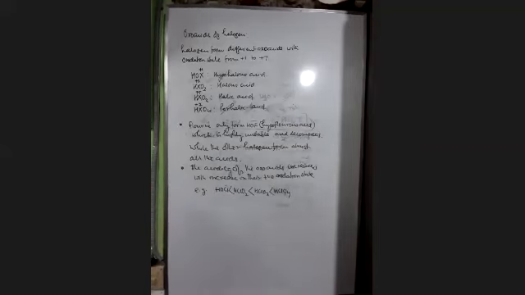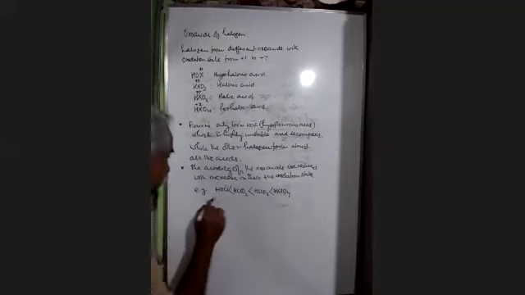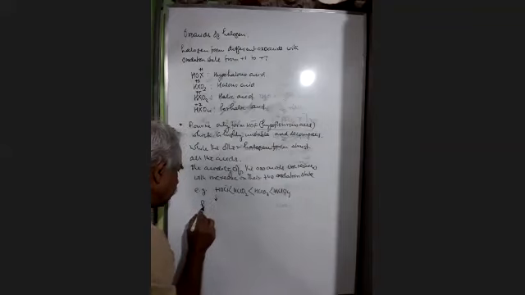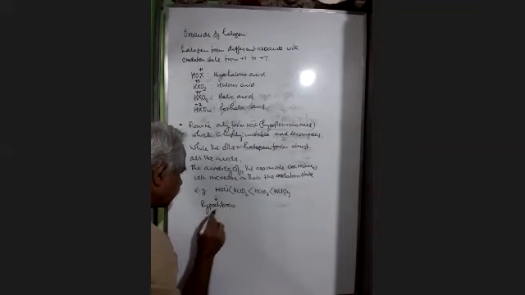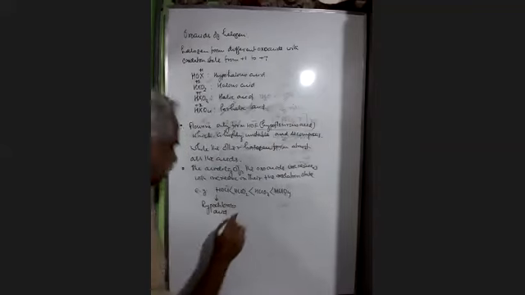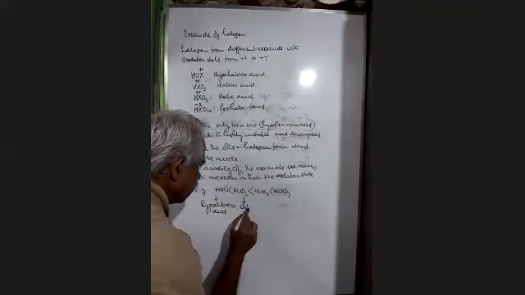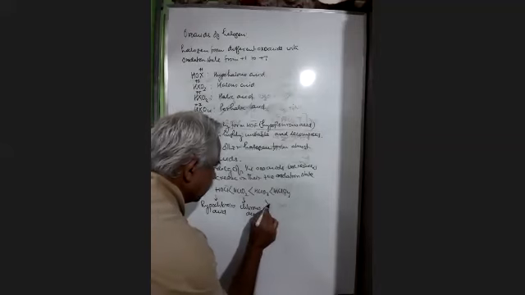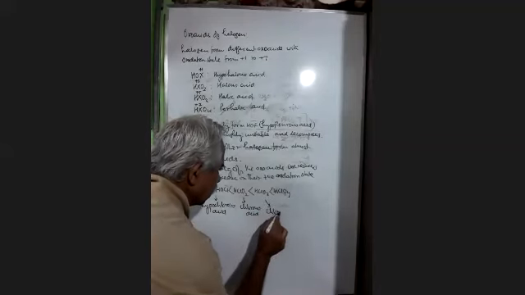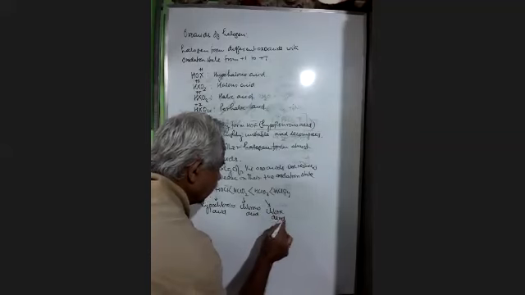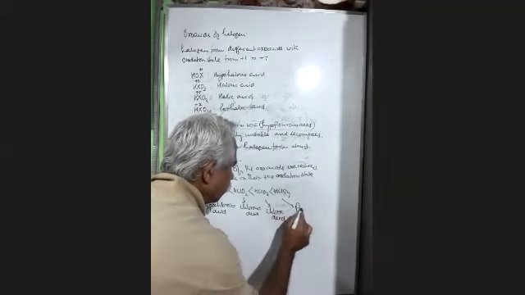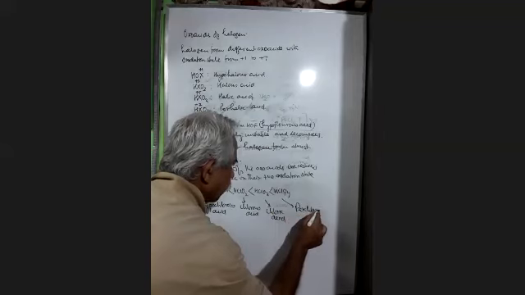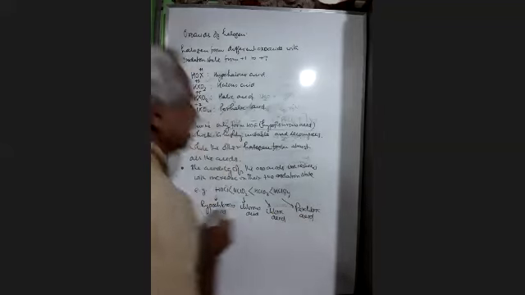Okay, I'll write down. Today I'll have to finish early because I have one more meeting. So what is this? Hypochlorous acid. This is chlorous acid. This is chloric acid, and this is perchloric acid.